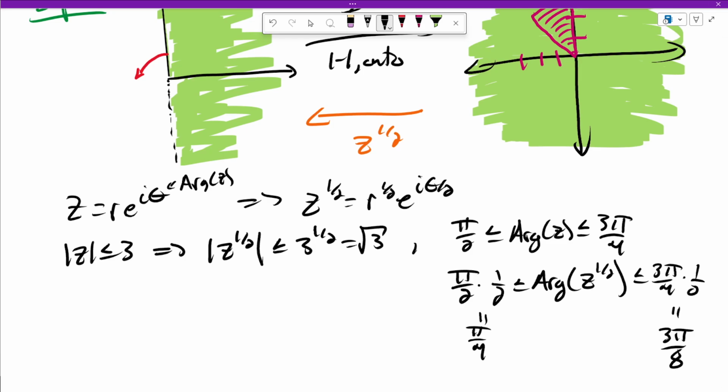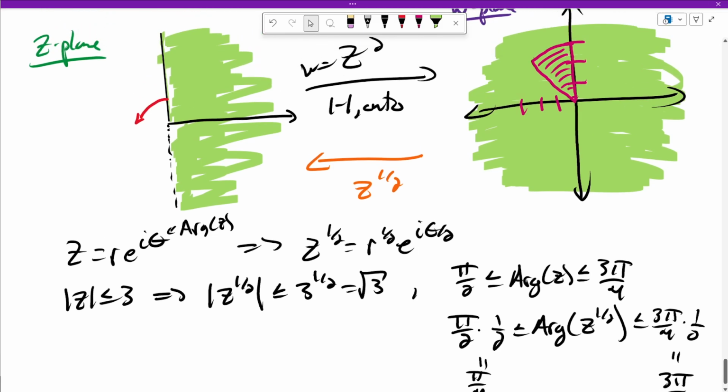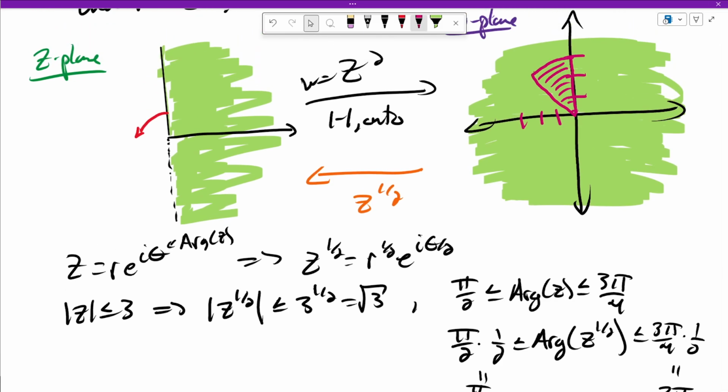So our modulus goes to a maximum of root 3, and our angle varies between 45 and 67.5, if I did the math right in my head. So let's mark the original 3, and then we're going to go to root 3. Root 3 is about 1.7. So we're going to start at an angle of 45 degrees and go out about 1.7 and then go halfway to 90.